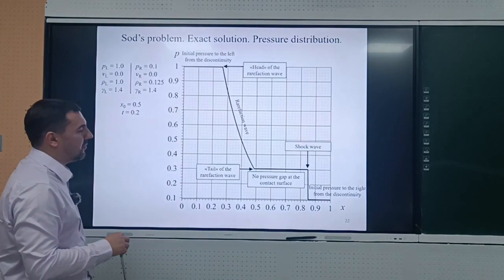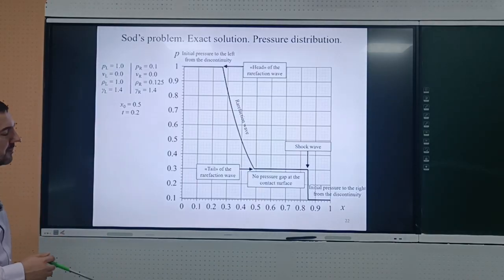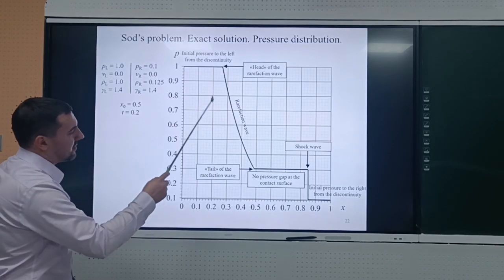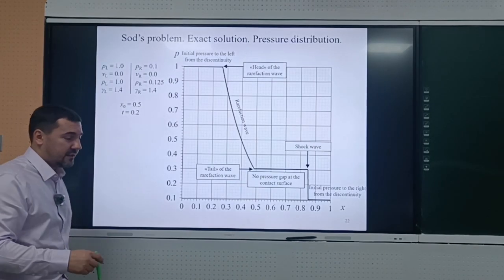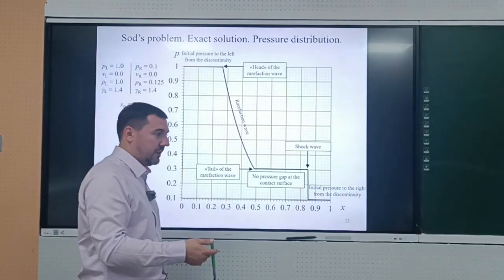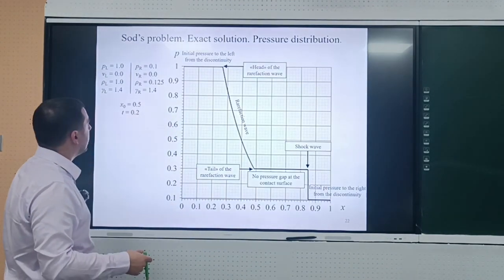So I'd like to show you the details of the program which computes these profiles of the exact solution of the Riemann problem. And I also will share this program, so if you need, you can use it.